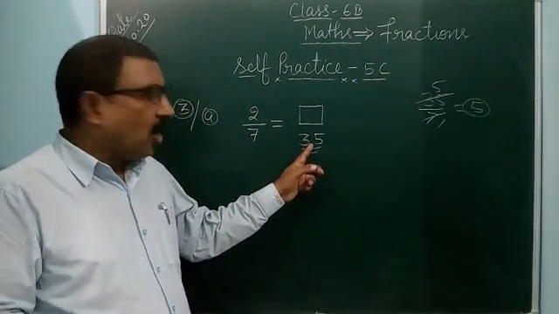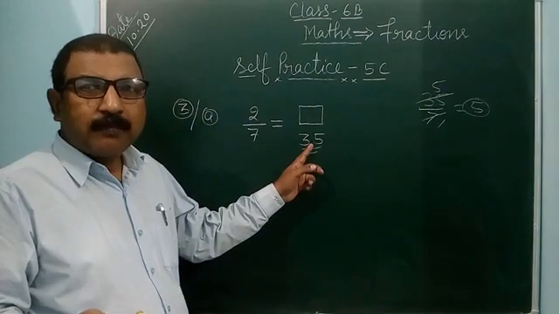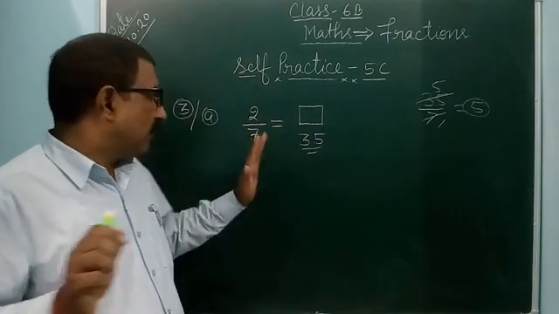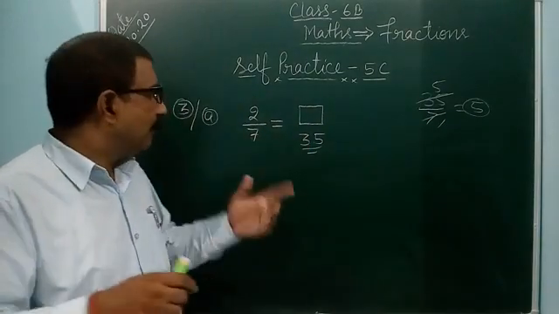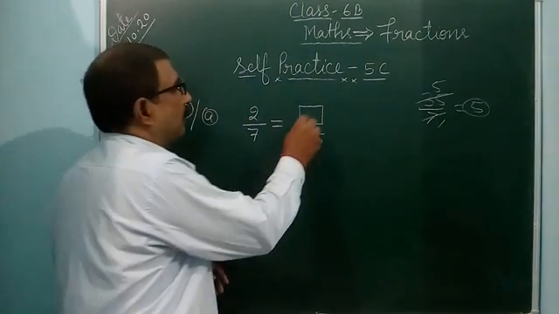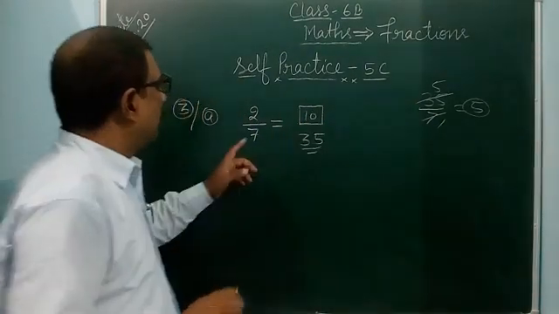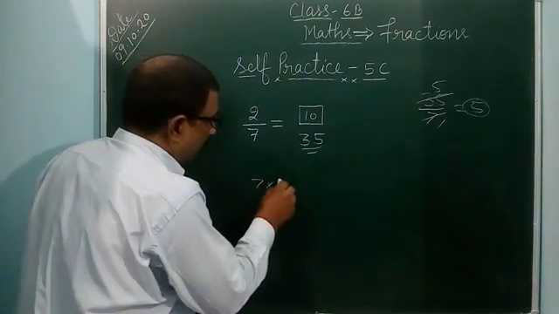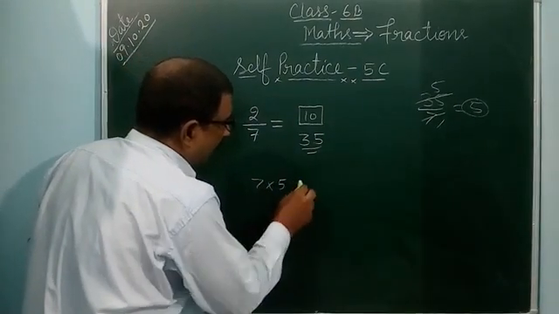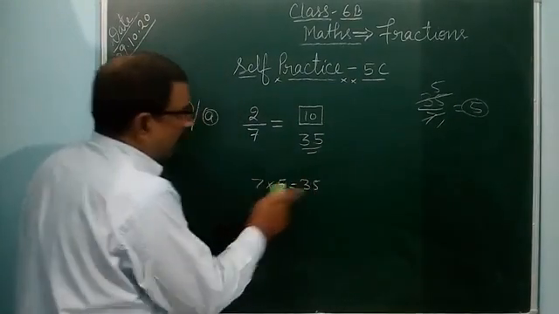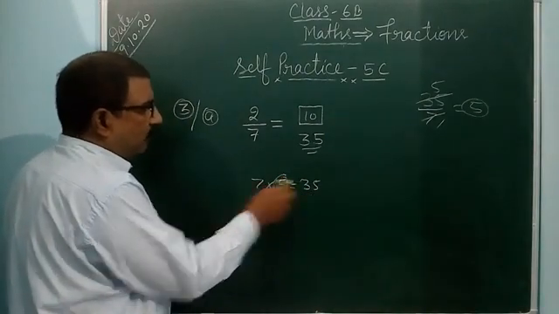Like that, how many times are we going to multiply? 5 times. 7 fives are 35.